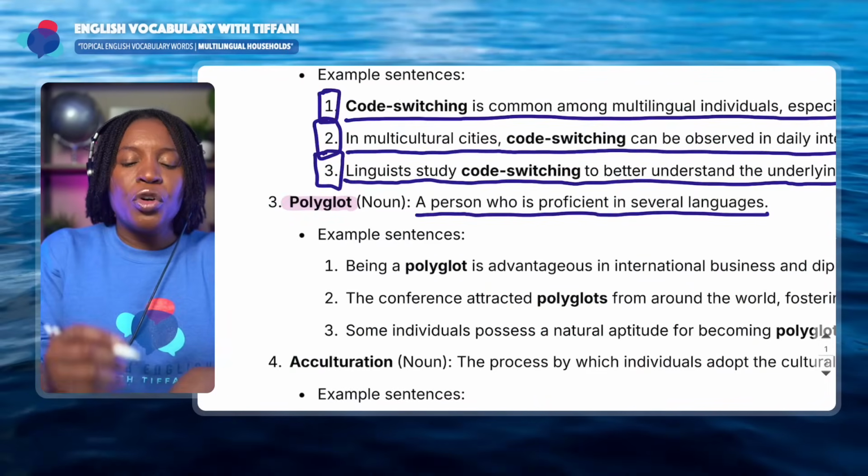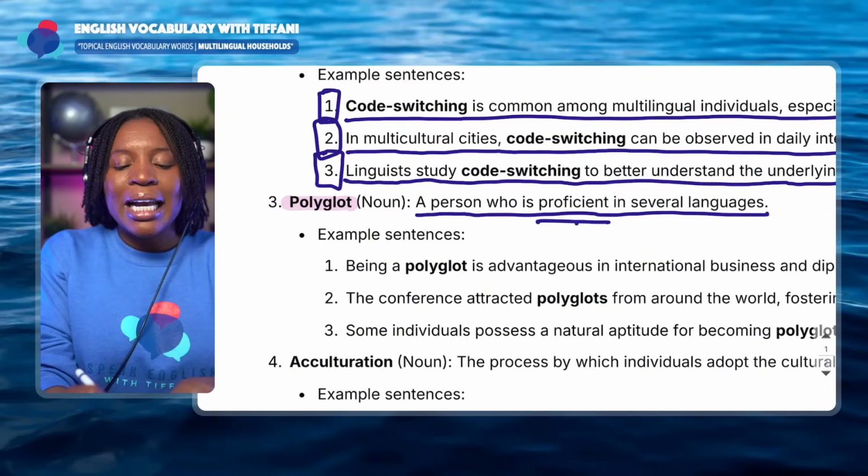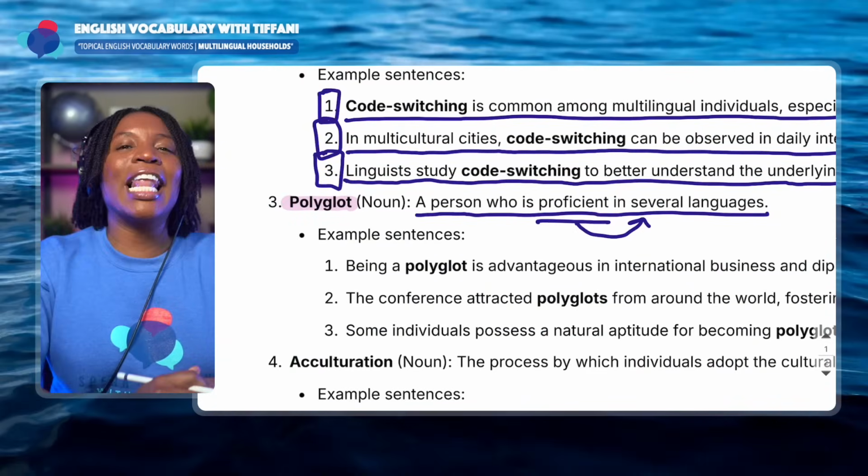For example, I have a friend who speaks French, Spanish, Creole, English, and a little Korean. She's a polyglot. The ability to speak proficiently in multiple languages. Maybe you are a polyglot. Once again, a person who is proficient in several languages.